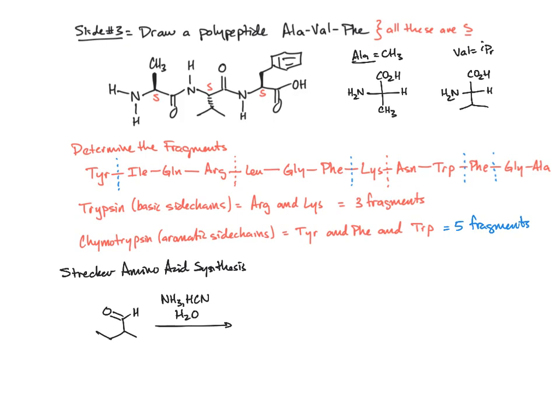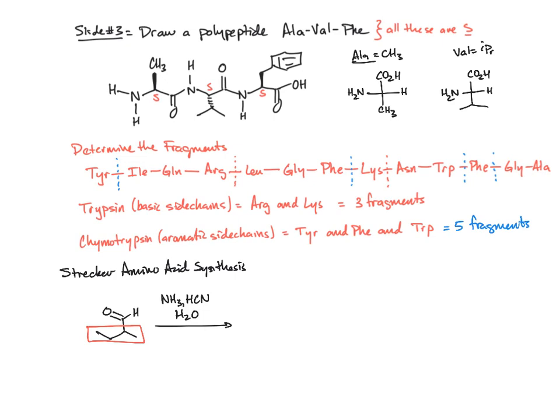There's a lot of stuff happening in a Strecker amino acid synthesis. You're basically starting with an aldehyde. The aldehyde has the side chain incorporated, and I'll circle that in red. So that's the side chain.